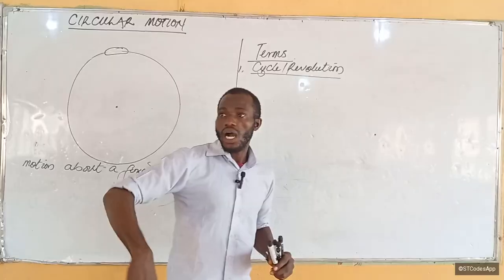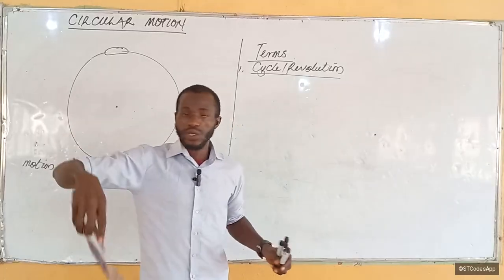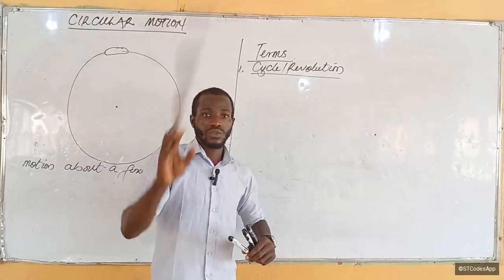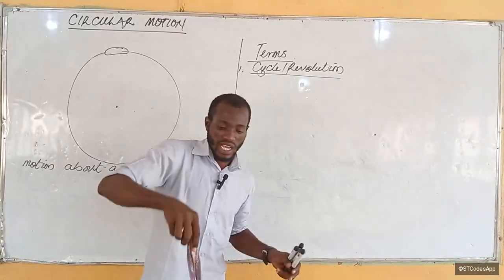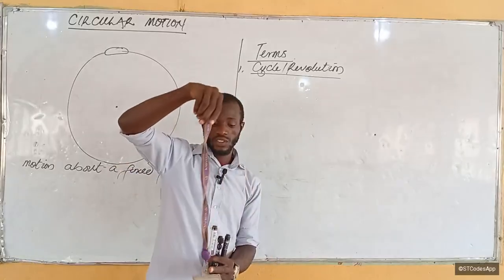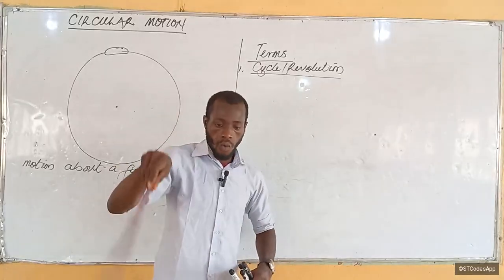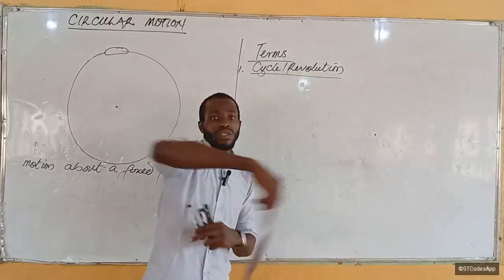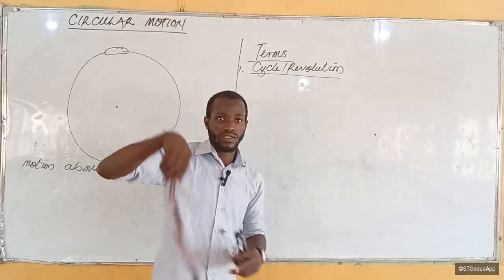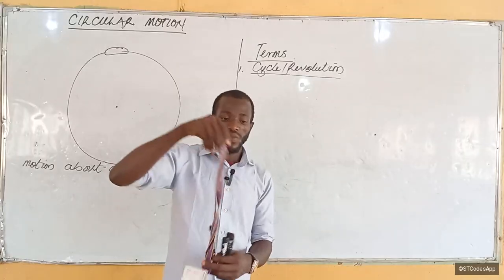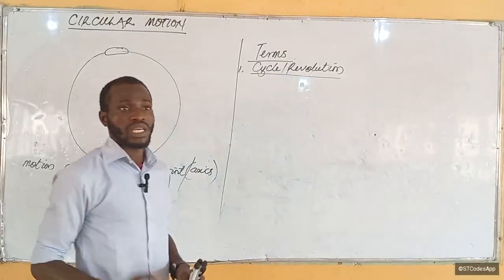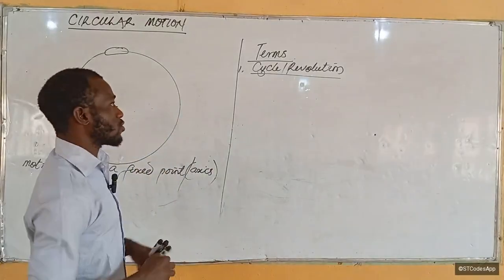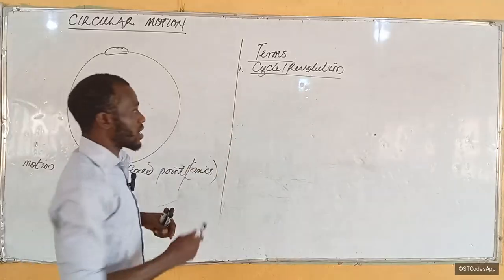If I move this body this way, 1, 2, 3, that counting of 3 means I completed 3 cycles. If it's coming from down, I'll go 1, so this is 1 cycle. 2, that is the second cycle. 3. So motion from the starting point back to the starting point along a regular path is going to be a circle.